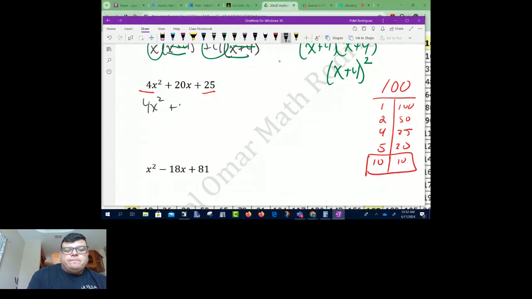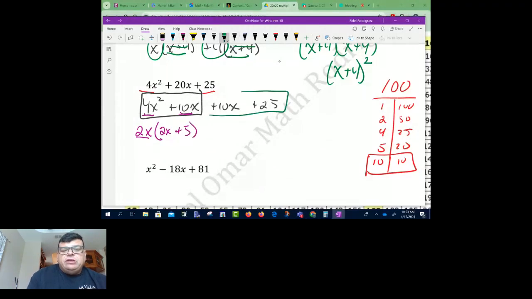Okay, so let's do this: 4x squared plus 10x plus 10x again plus 25. So let's see, what can we take out of here? We can take out a 2 and an x. 2 goes into 4 two times, 2 goes into 10 five times. And then over here, there's a plus, so I'm going to put a plus.